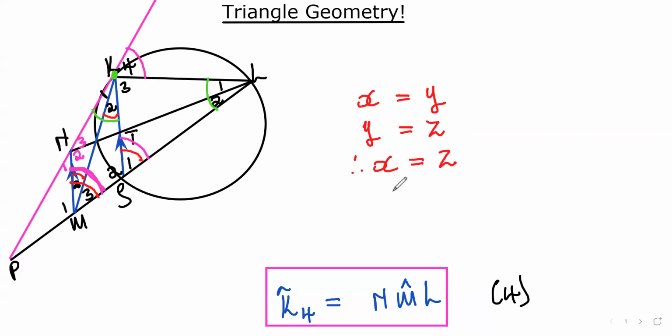That's the concept. In other words, we need to find a common angle which K4 is equal to and angle NML is equal to. And once we find that angle, then it means these two angles must be equal to each other because they're both equal to that one.